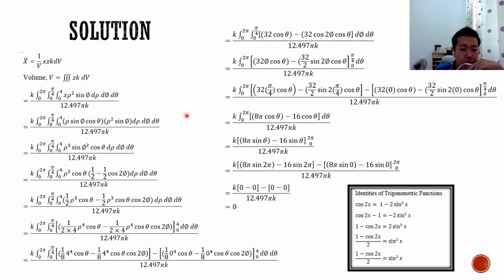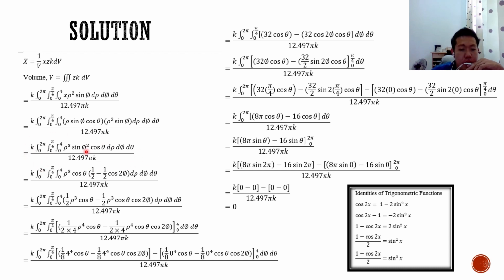So next we can find the moments of mass or the moments of volume for the solid, which is Myz, the moment with respect to the yz plane. The equation is equal to the triple integral of x dV, then we change it into spherical form, and we get this.